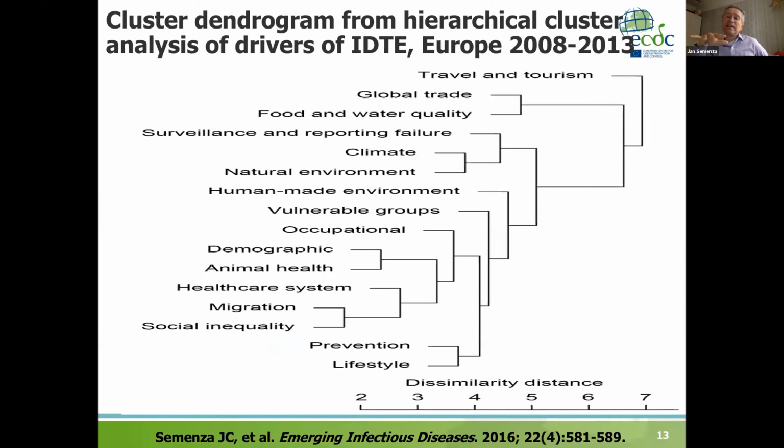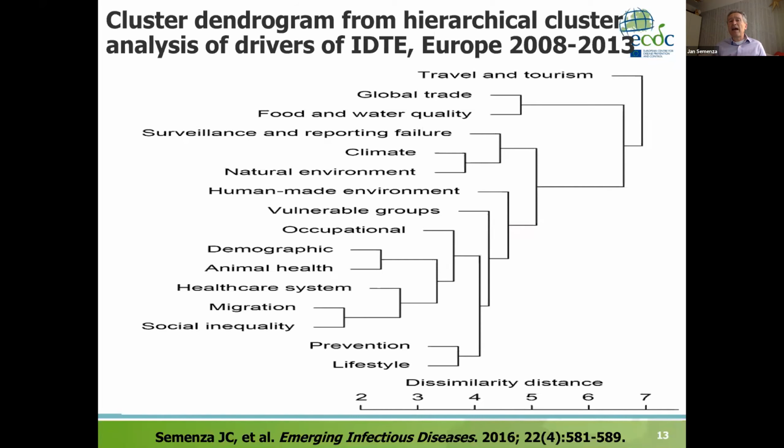And you can see that a number of these drivers cluster together. For example, migration and social inequality often occur together and cause a certain epidemic event. Or we see climate and natural environment act together in a way to precipitate an event.